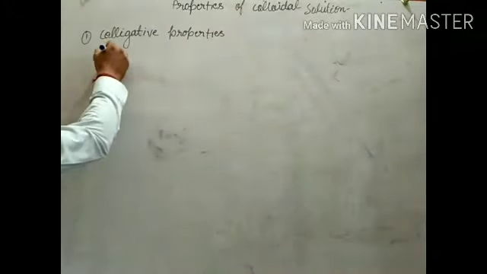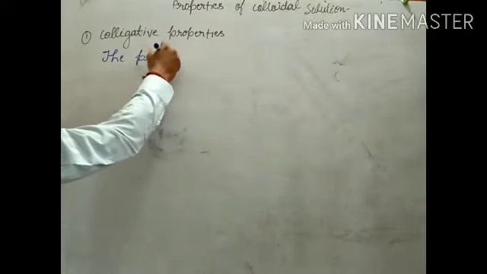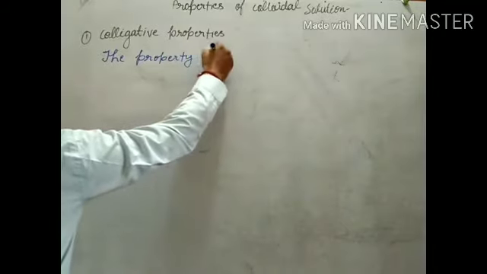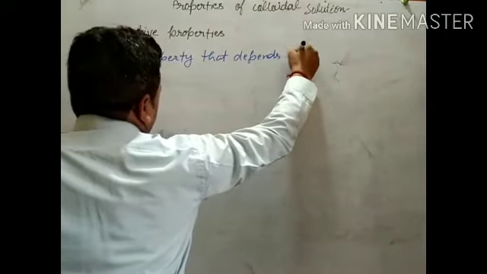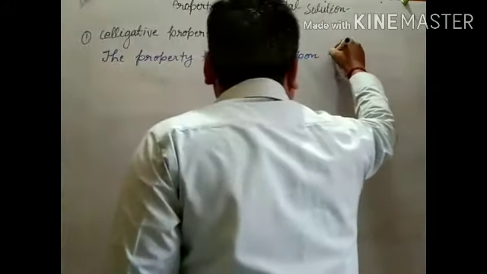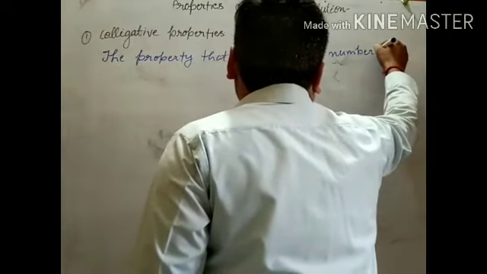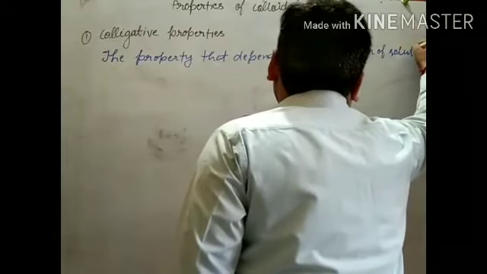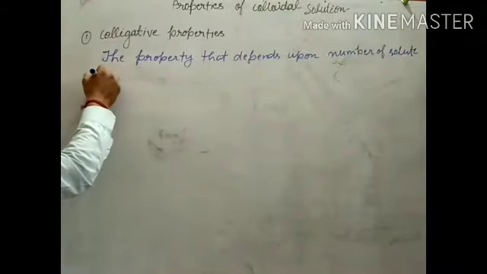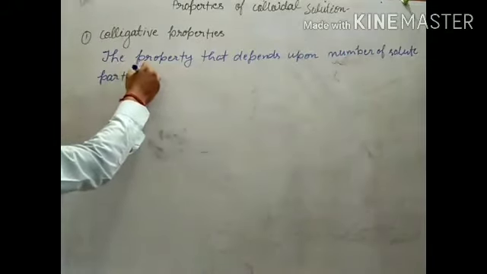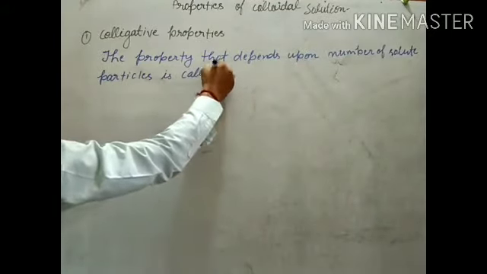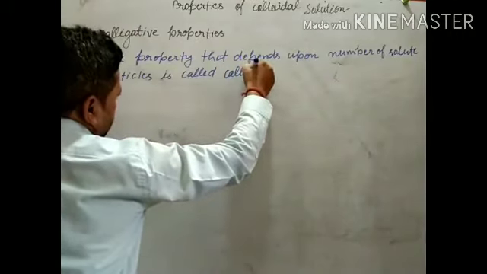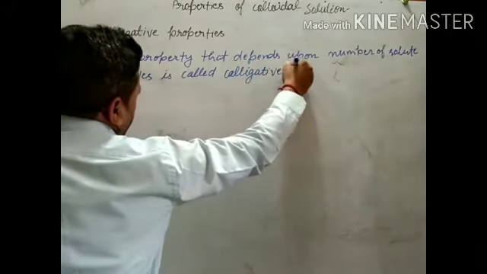The property that depends upon the number of solute particles is called colligative property.